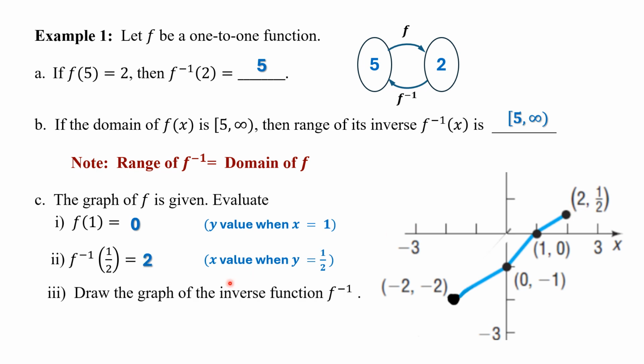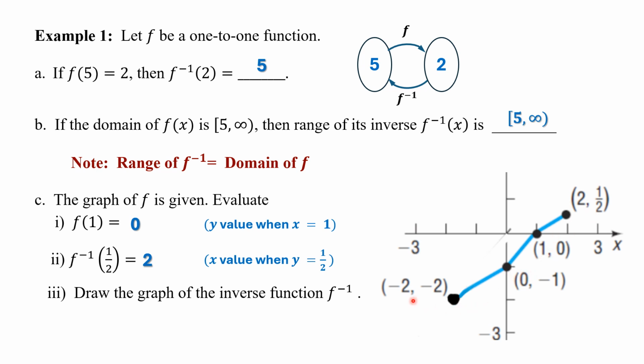And then for the third part, we will draw the graph of the inverse function. To graph the inverse function, we know that the graph of the function and its inverse are symmetric with respect to y equals x. So what we're going to do is interchange the x and y coordinates of every point.